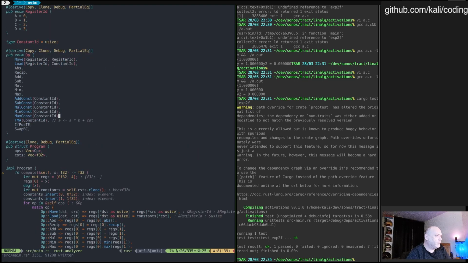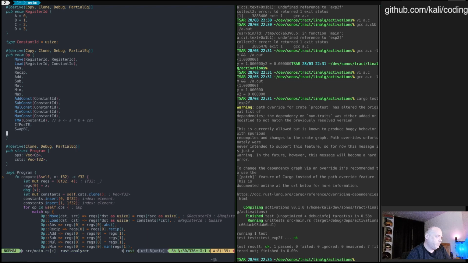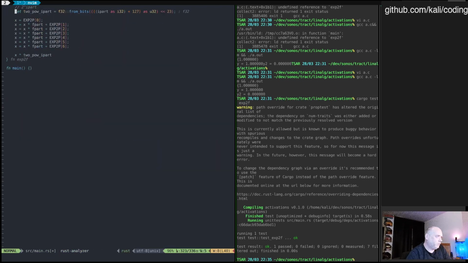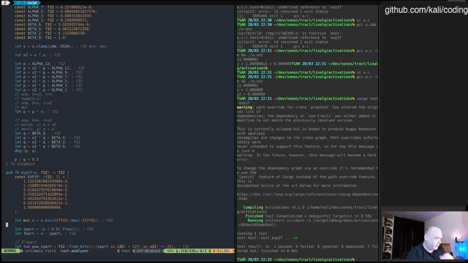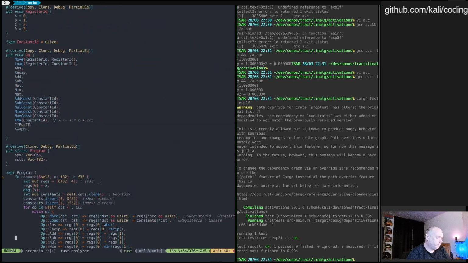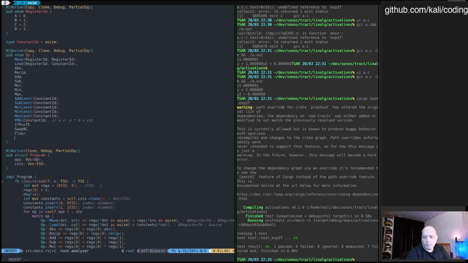So we say that we want, so I have this, we need floor, okay. We need floor and we need power of, so it's 2 power of a constant. Yeah, so it's 2 to the power of an integer.